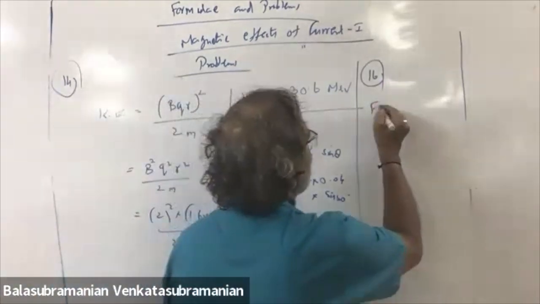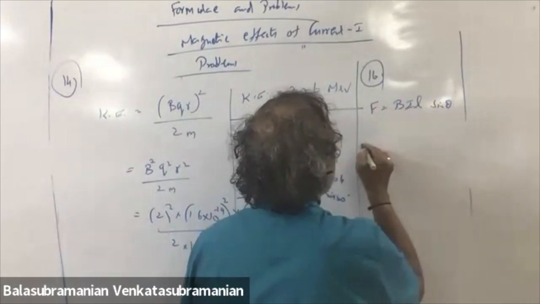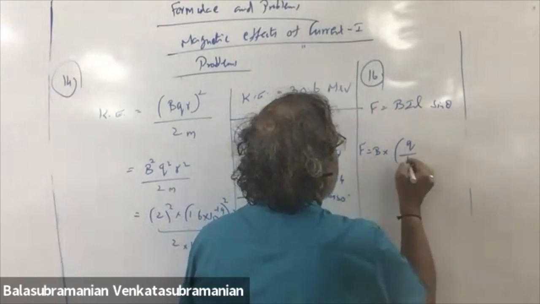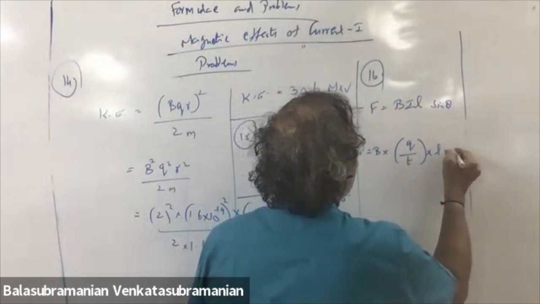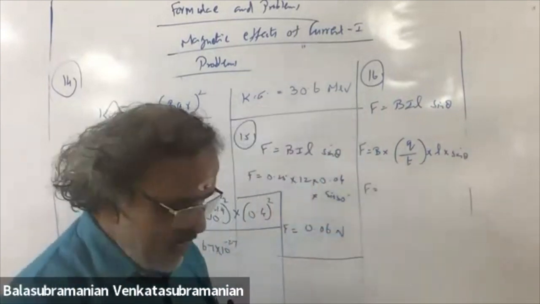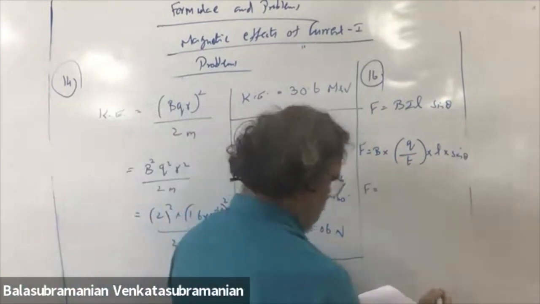F is equal to BIL sin theta. B into I, where I is Q by T given, L sin theta. What is the magnetic induction? 100 oersted.